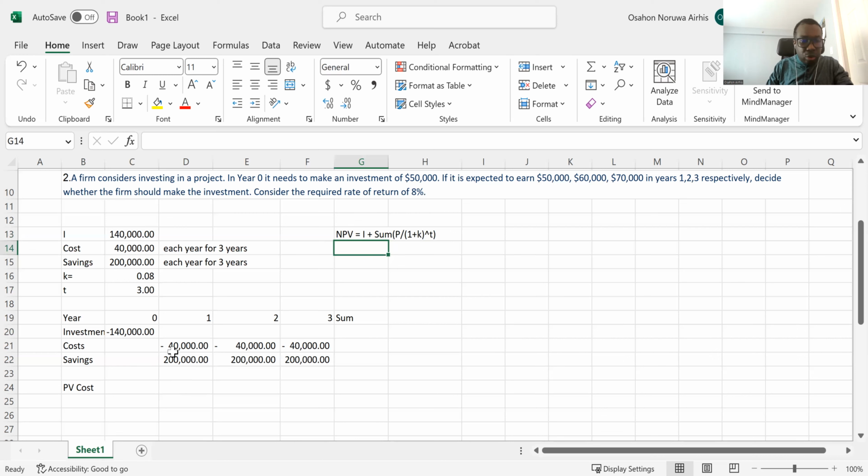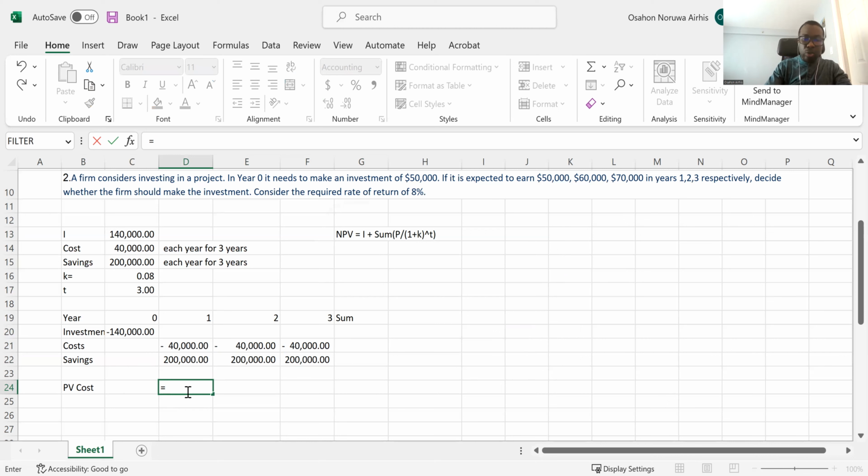So let's do the present value for this set of cash flows, that's the costs, and then we'll do the present value for this set of cash inflows. So these are the outflows and the inflows. For the outflows, using this equation, it will be equal to the present value, which is the cost, divided by 1 plus K, which is 0.08, raised to power the period.